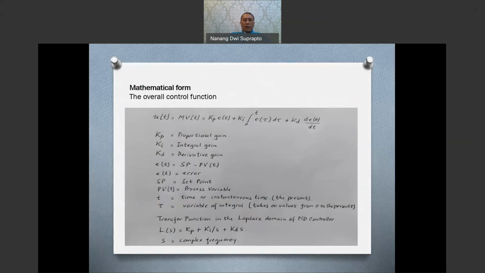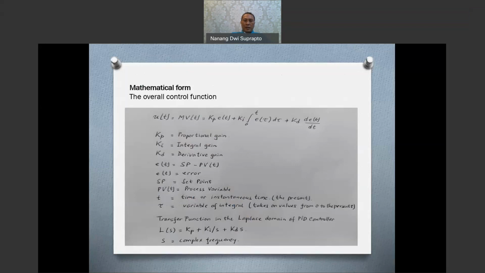The mathematical form: U(t) equals proportional gain times error, plus integral gain, which is Ki integral of E dt, plus derivative gain times the derivative of E. So Kp is proportional gain, Ki integral gain, Kd derivative gain.